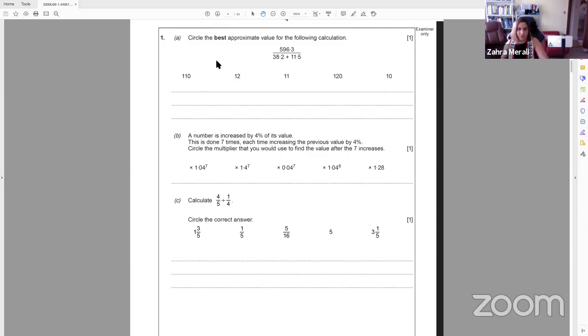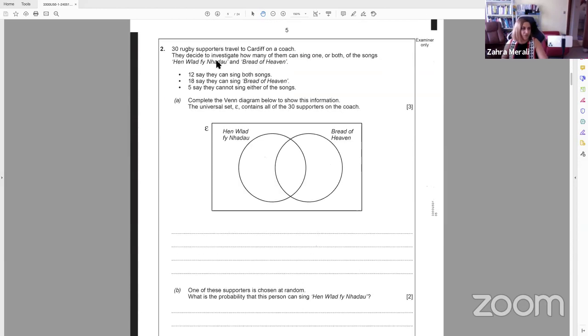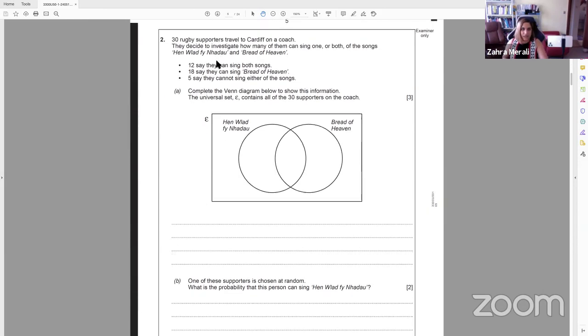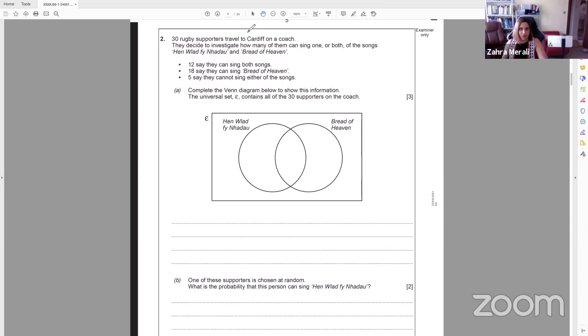Okay, so the next page. Let's scroll that up. We've got a Venn diagram. We've got 30 rugby supporters travel to Cardiff on a coach. They decide to investigate how many of them can sing one or both of the songs. I'm not going to try to pronounce that. 12 say they can sing both songs.